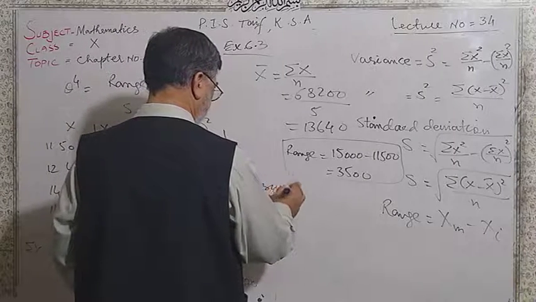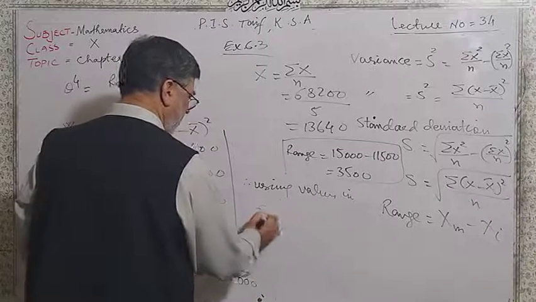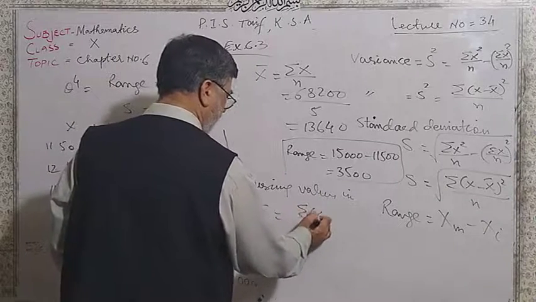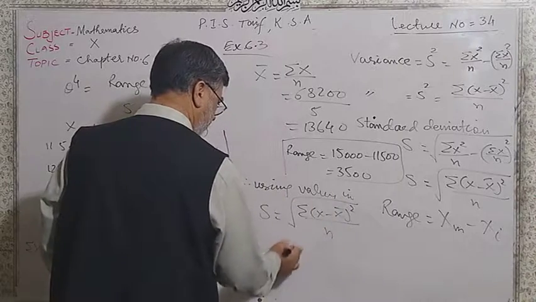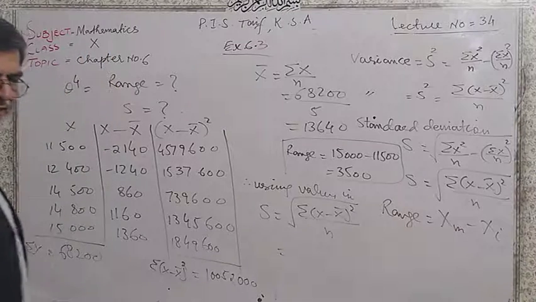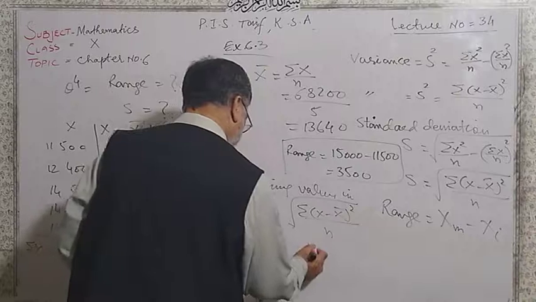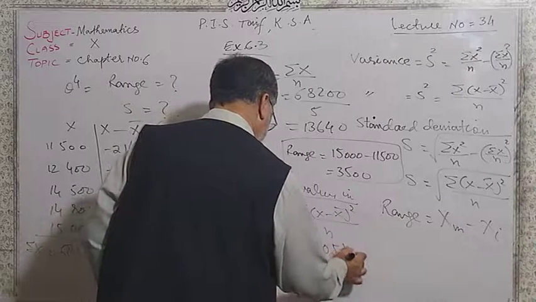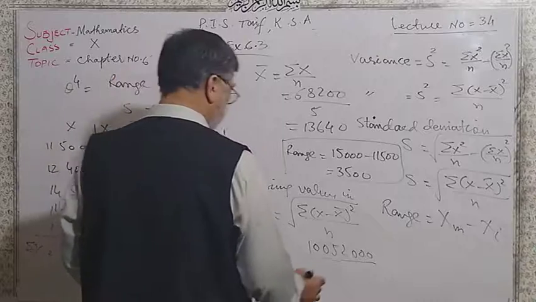Therefore, using values in S is equal to sigma x minus x bar square over n whole under root. What about that? Sigma x minus x bar whole square, it was 10052000, divided by n, which was 5.